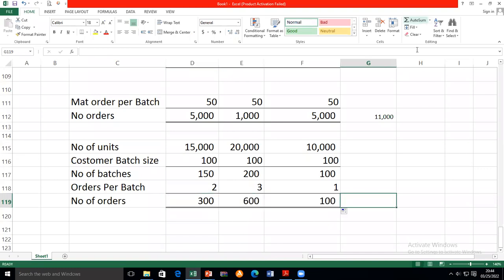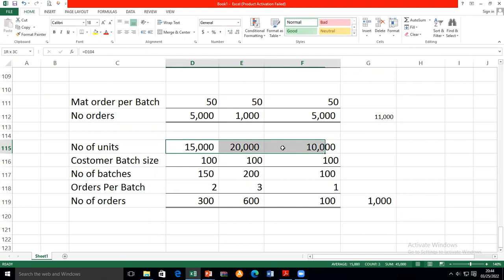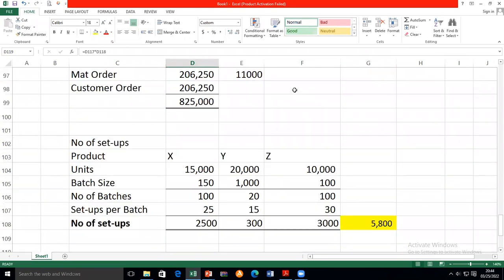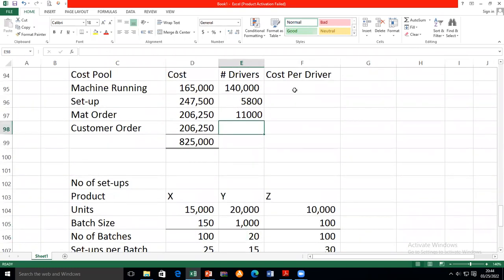So the total is that. I hope we have followed. Number of units, okay, and the 100 items make a single batch. So you divide, you find the number of batches and the orders per each batch, and so you multiply that by that, you have that. So now you can come here and say, this is 1,000.